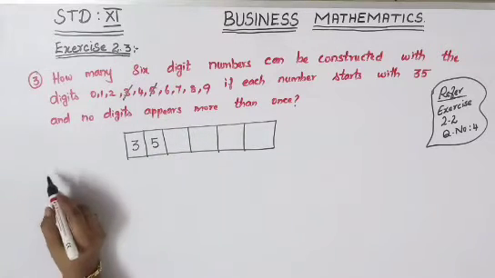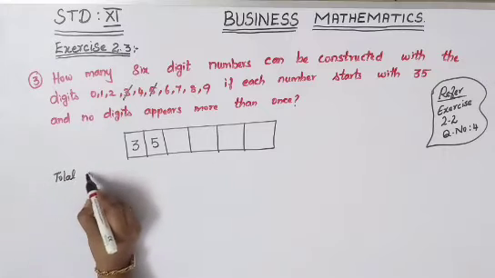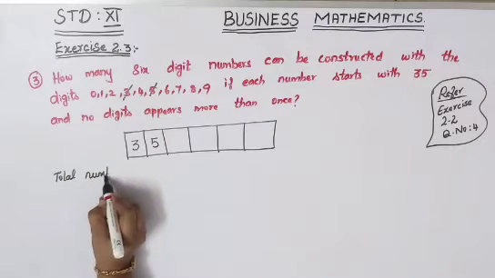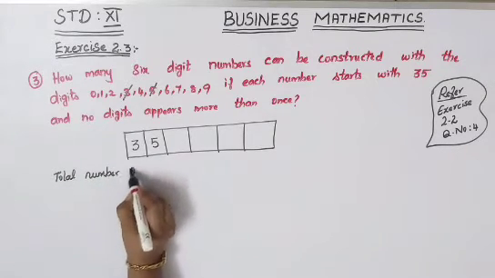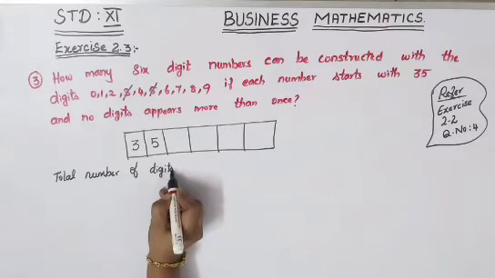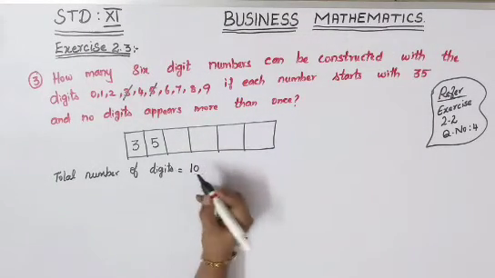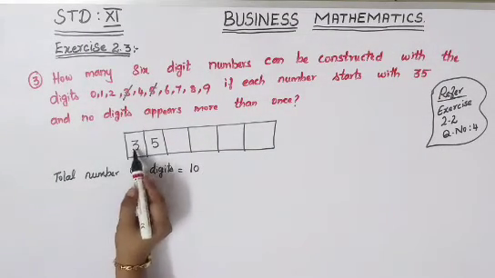So total number of digits is equal to, here from 0 to 9, so totally you will have 10 digits. Then what is fixed is 3 and 5.